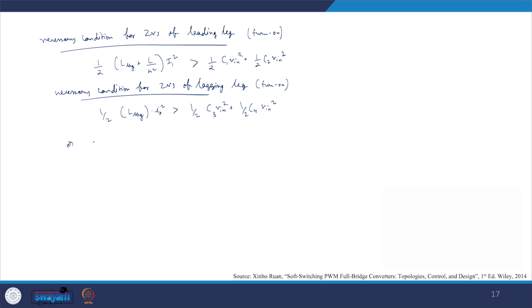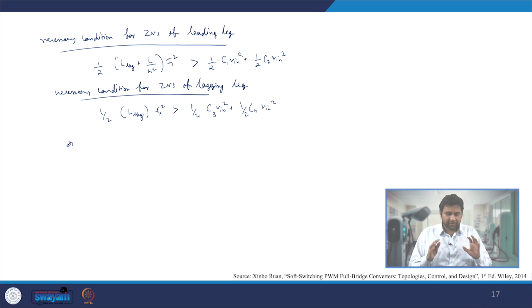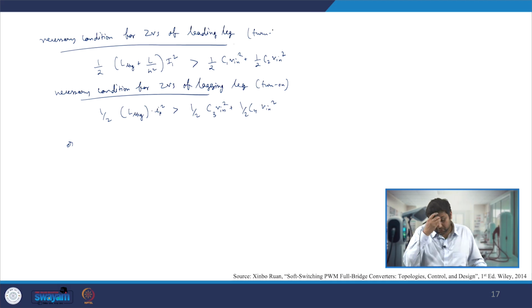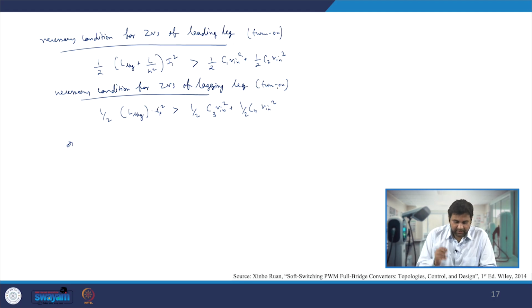Again, I am only talking about ZVS during turn on, because turn off automatically, because of the capacitances C1, C2, C3, C4, our switches are going through 0 voltage switching or having limited dv/dt, but during turn on it is a problem.